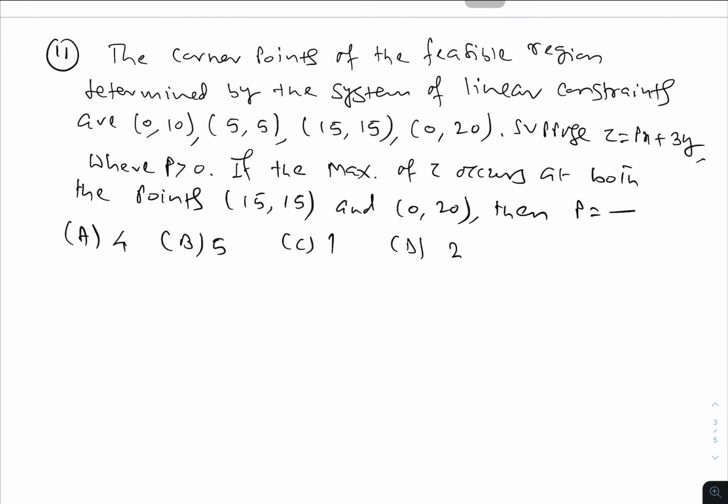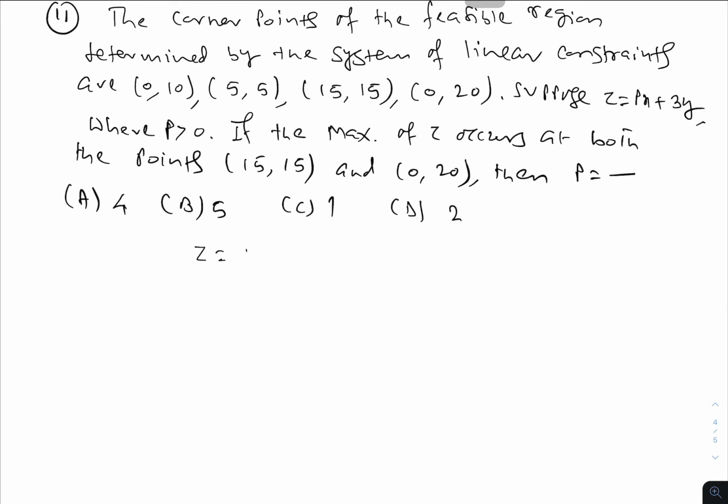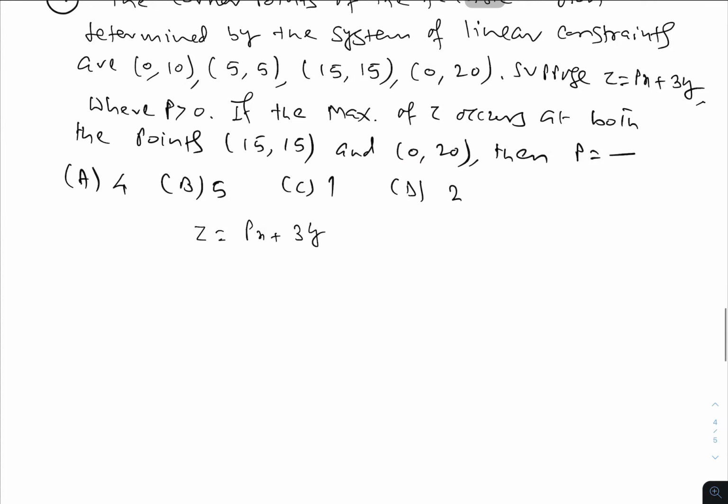So this kind of example we did. z equal to px plus 3y and maximum of z occurs at both 15, 15 and 0, 20. Same example but asked a little differently. So at 15, 15, z equal to 15p plus 45, and at 0, 20, z equal to 60.